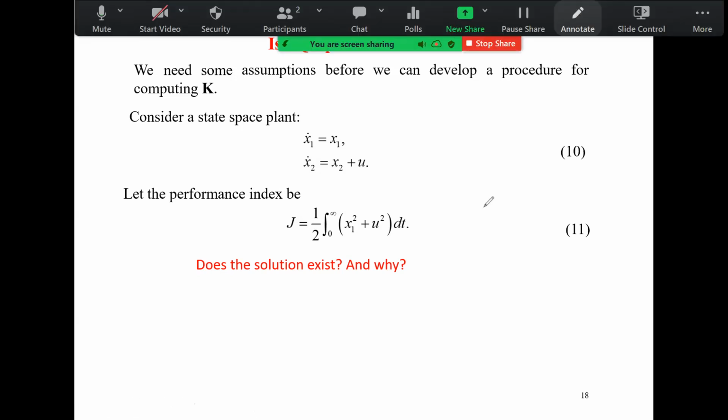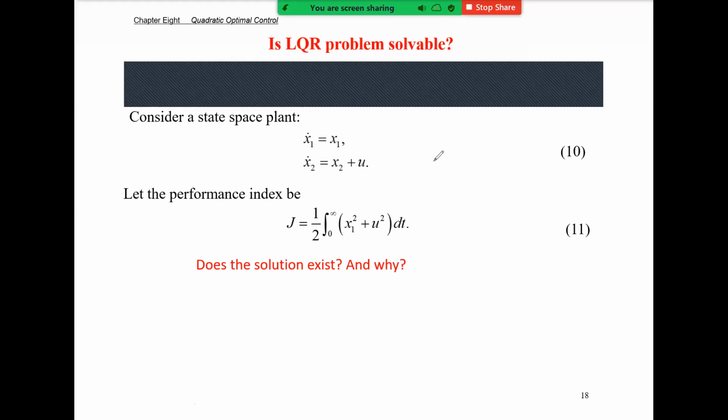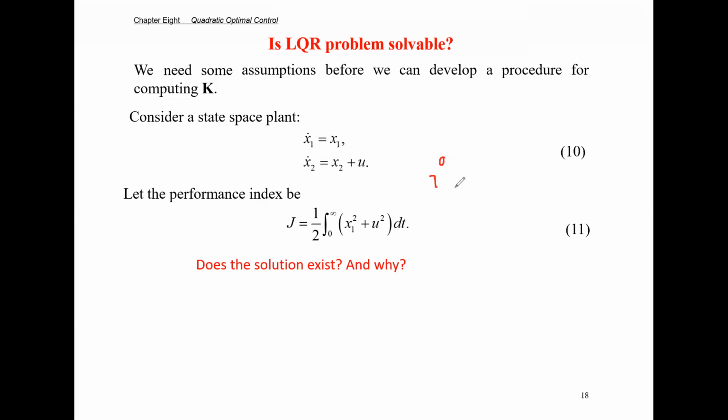Let's get a clearer idea about these state variables. This is x1. This is x2. From this equation, x1 will be affected by itself. x2 will be affected by x2 and by the input.